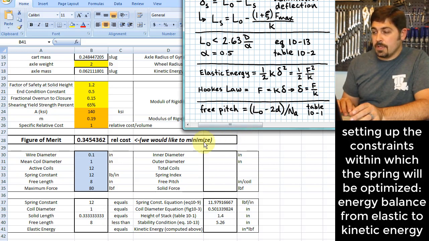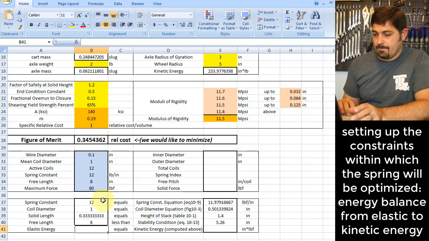And that's the one I want to use because force is one of the elements that I have in my solution set. The stuff here in blue is basically going to be the stuff that Excel tries to vary in order to meet all of these constraints that I'm setting up. Okay, so 1/2 F squared over K.